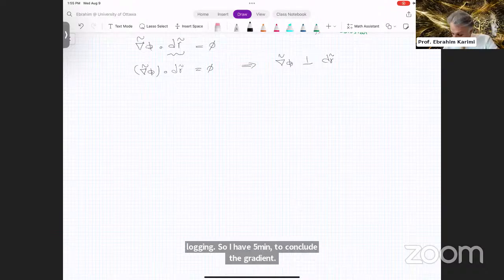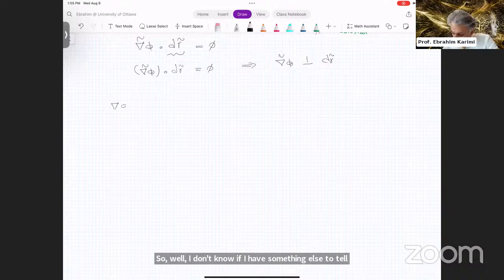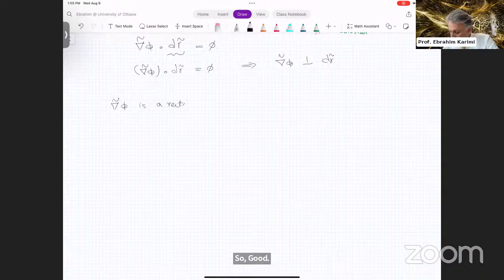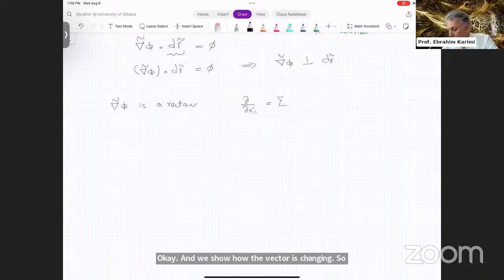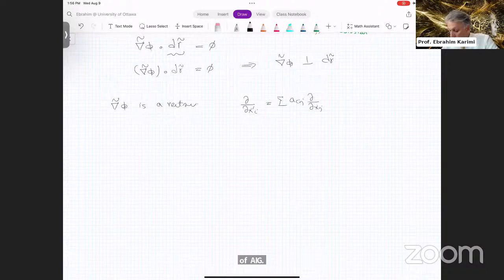So, gradient of phi is a vector, and we show how the vector is changing. The derivative with respect to x prime i is the summation of a_ij times the derivative with respect to x_j, and now I can put phi here.